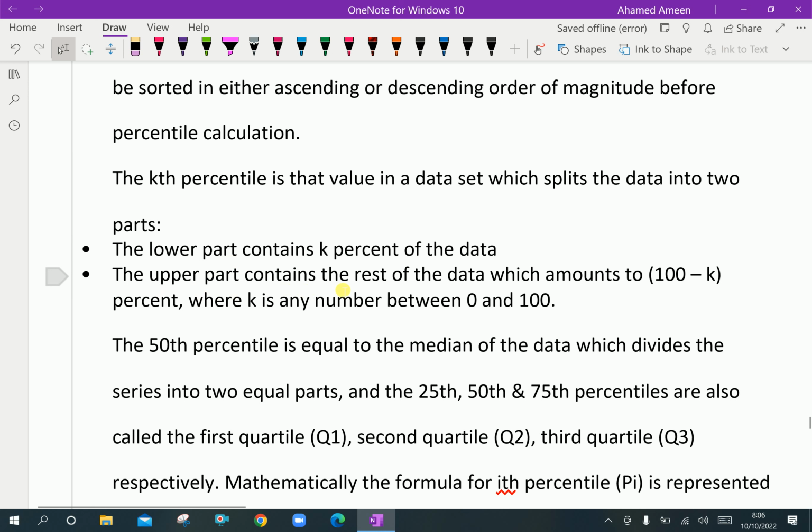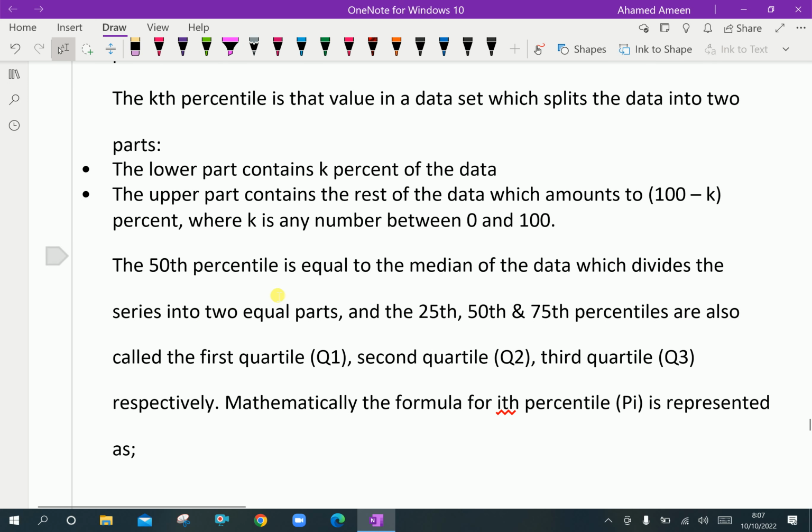The upper part contains the rest of the data, which amounts to 100 minus k percent, where k is any number between 0 and 100. The 50th percentile is equal to the median of the data, which divides the series into two equal parts, because there are 100 parts in total. The 25th, 50th and 75th percentiles are also called the first quartile, second quartile and third quartile respectively.